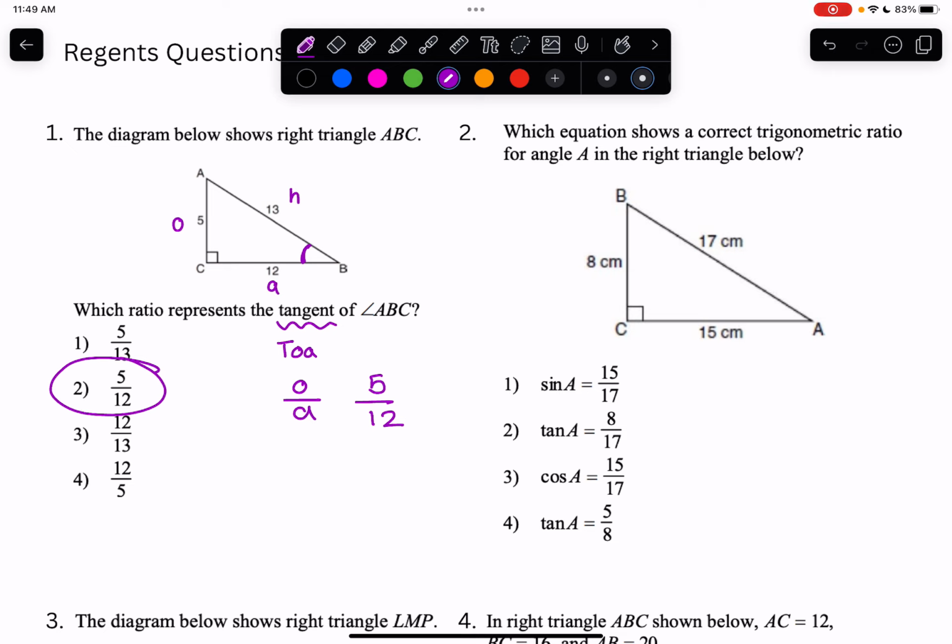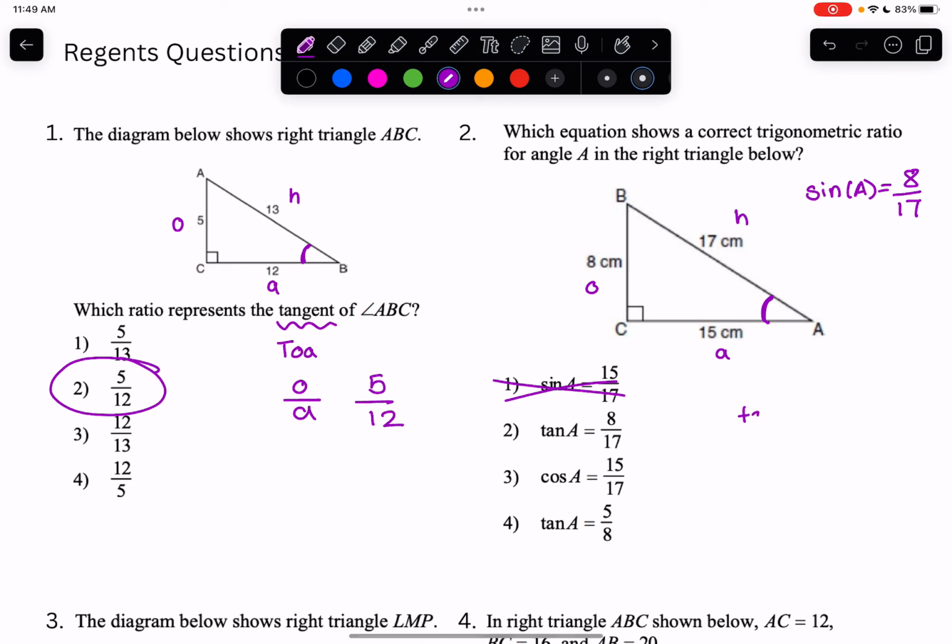Which equation shows the correct trigonometric ratio for angle A in the right triangle below? So angle A, we have adjacent, opposite, hypotenuse. If I want the sine of A, that's the opposite over the hypotenuse, so right away I can see that number 1 is incorrect.